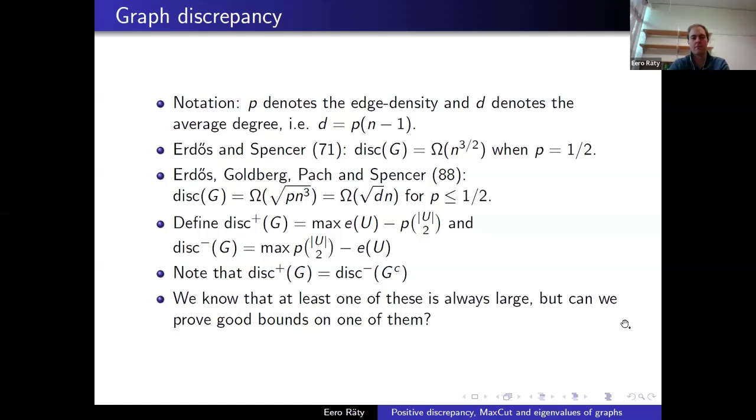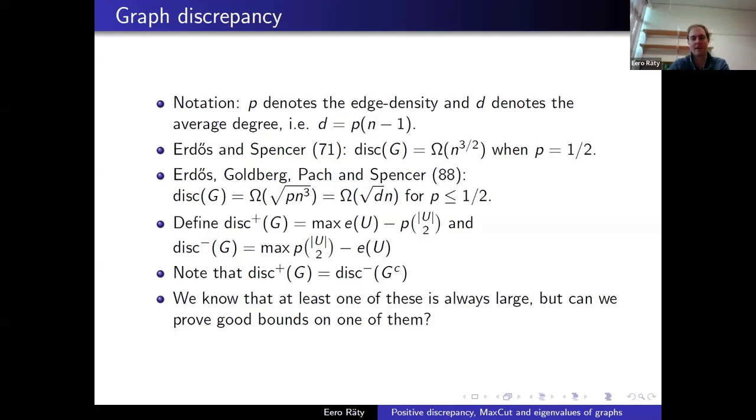And just a simple observation is that the positive discrepancy of G is the same as the negative discrepancy of G complement, which kind of motivates why, when we mention the theorem of Räty, Goldberg, Bach, and Spencer, we only talk about graphs which have density at most half.